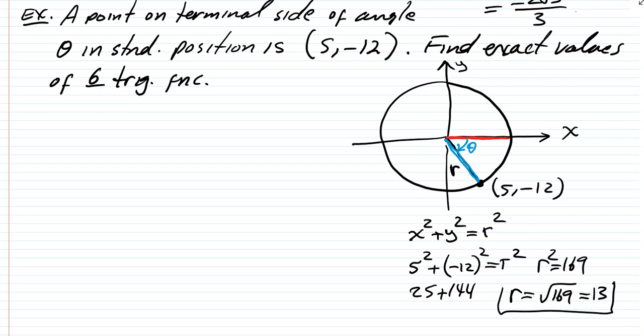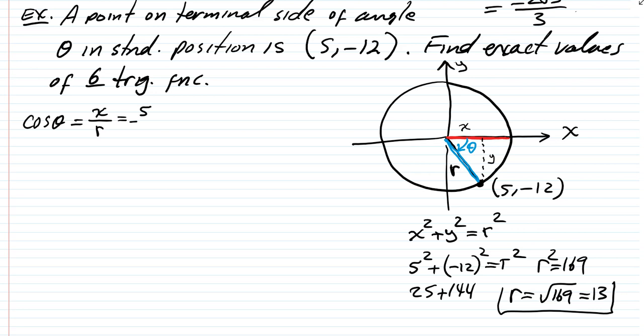Now, if I create my triangle here, so this is x and there's y, we can do this now. So let's get the measure of cosine. Cosine is going to be now, because this is not a circle of radius 1, it's not just x. If the radius is different from 1, it's x over r.